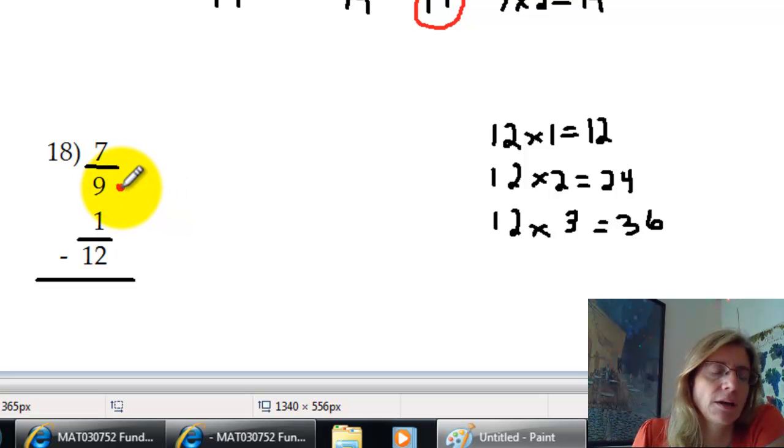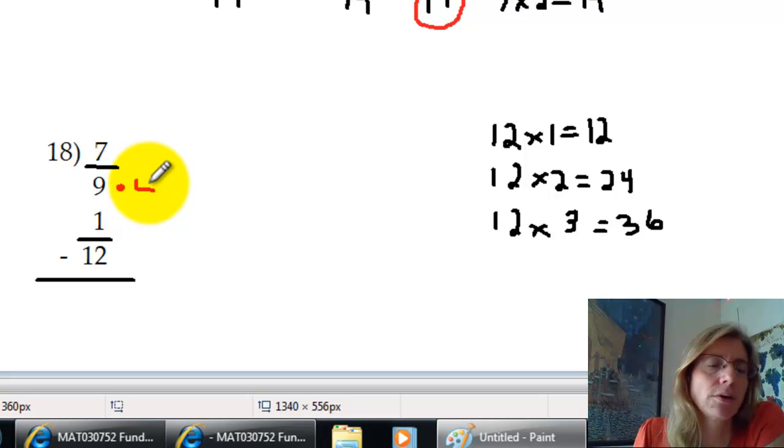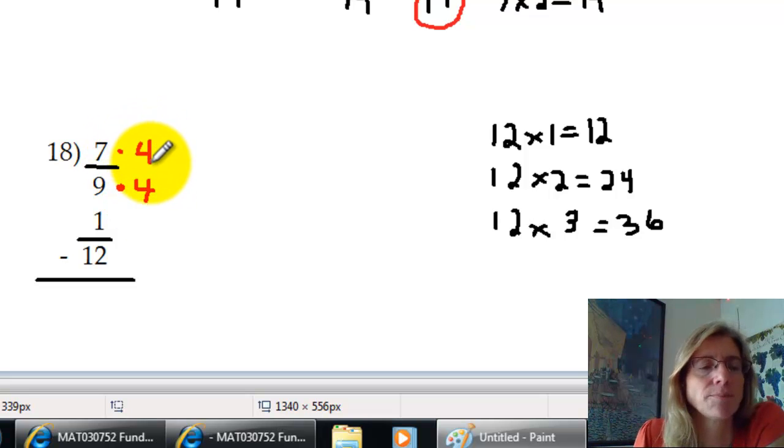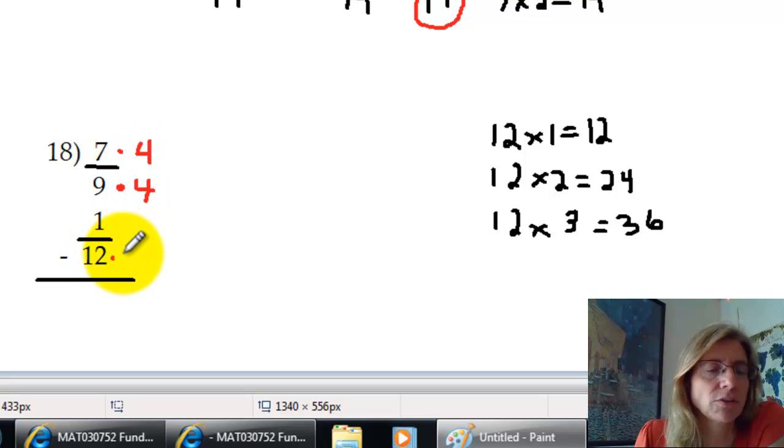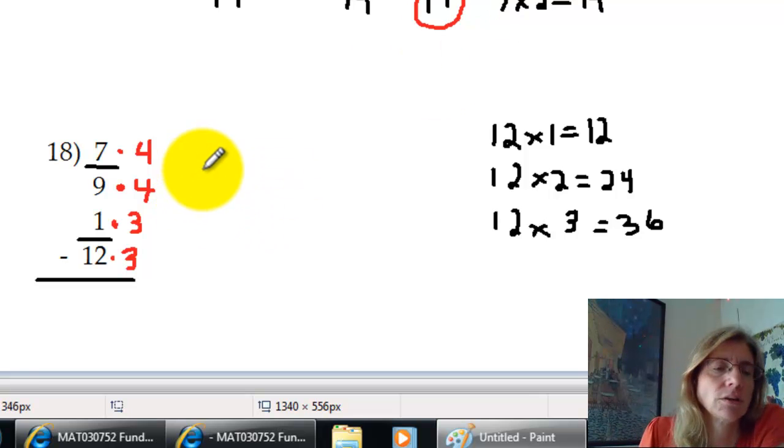So in order to make 9 the number 36, we multiply by 4, which forces us to multiply the numerator by the same number to make the equivalent fraction. 12 has to be multiplied by 3 to get 36, so then you have to multiply the numerator by the same number 3 to get the equivalent fraction.